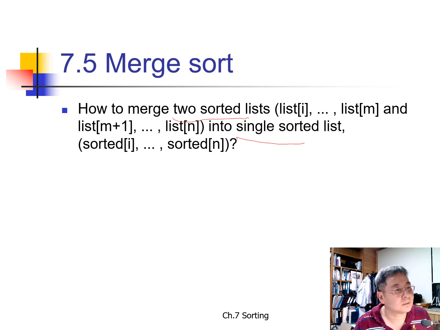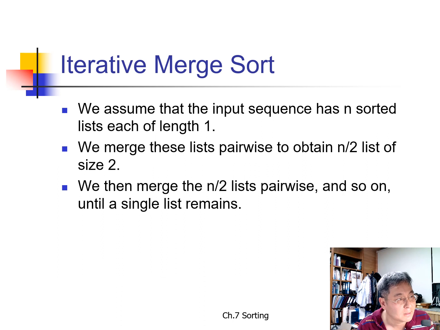This is the iterative merge sort method, the general merge sort method, and we can start from n sorted lists with a length of 1, so a single element sorted list is the start point.